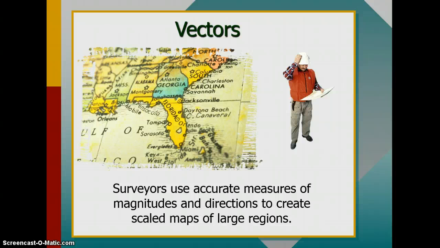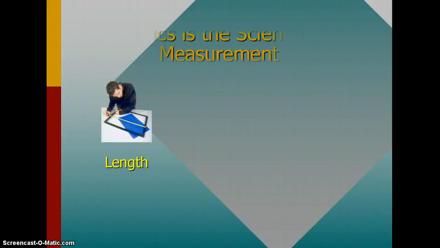So surveyors use these measures, the length of certain places or spots in the world, and then we join them together, but to find the direction and the magnitude of them, which magnitude means the distance, the length, all right, they use these vectors.